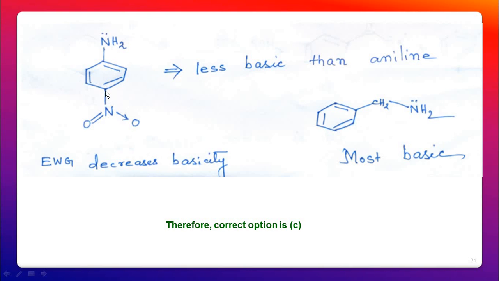In aniline, there is no nitro group and no pulling of the electron pair, so aniline is more basic than para-nitroaniline. Take the case of benzylamine. The NH2 group is bonded to a carbon which is sp3 hybridized, and there is no possibility of delocalization of the nitrogen lone pair, so it is most basic.